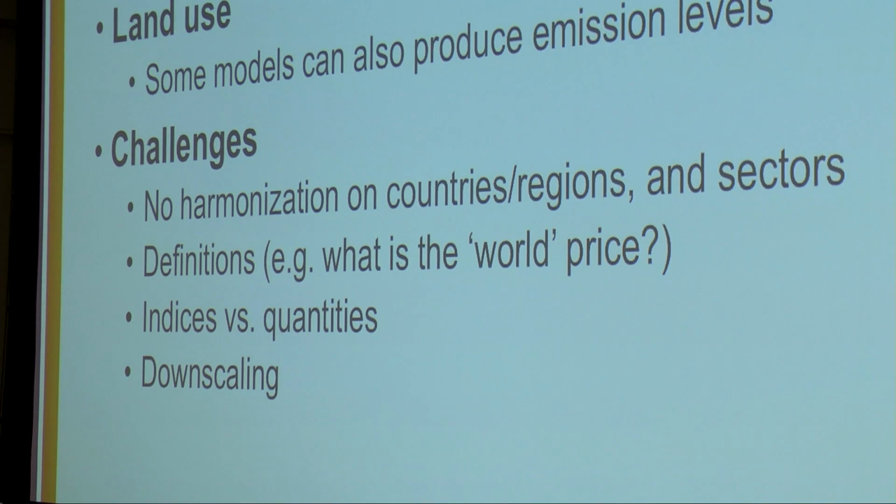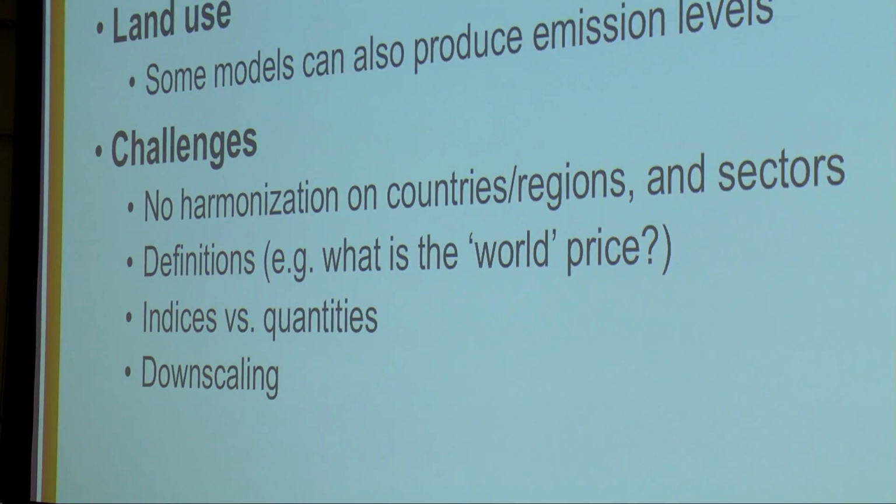It's certainly not in the GE world. And the same goes for sectors. So trying to produce a set of harmonized results, just in terms of dimensionality, is difficult for us. We can do it at the world level because these are global models, but once you go below the world level, it becomes more difficult. And we've already had some discussion over the last few weeks on how to deal with some of these issues.